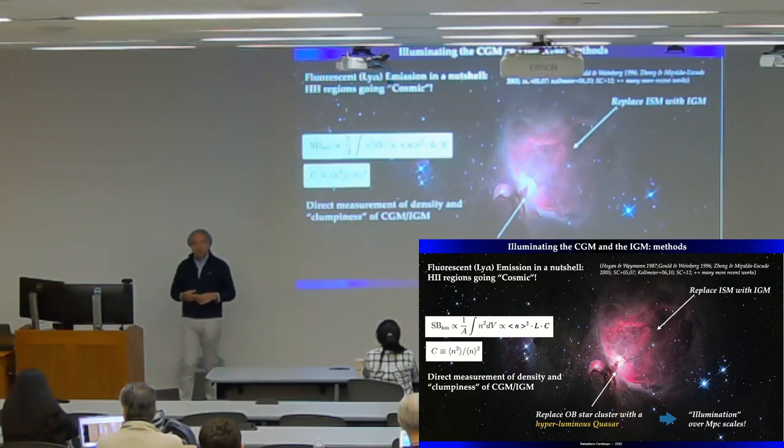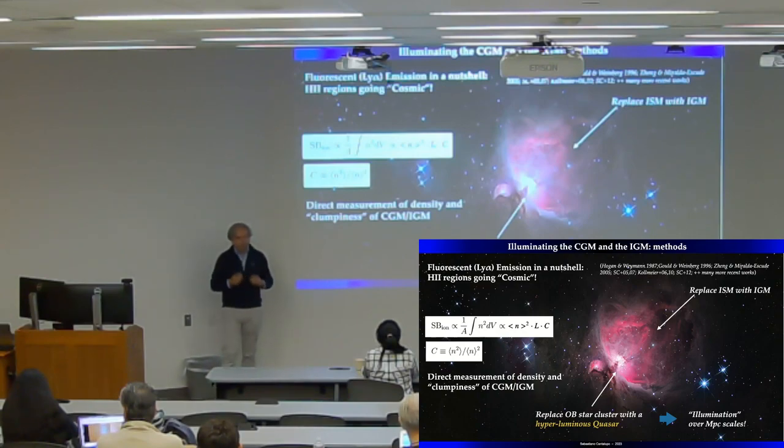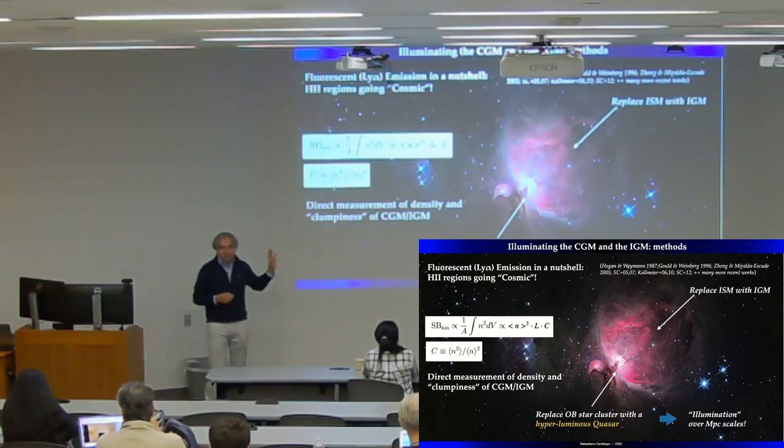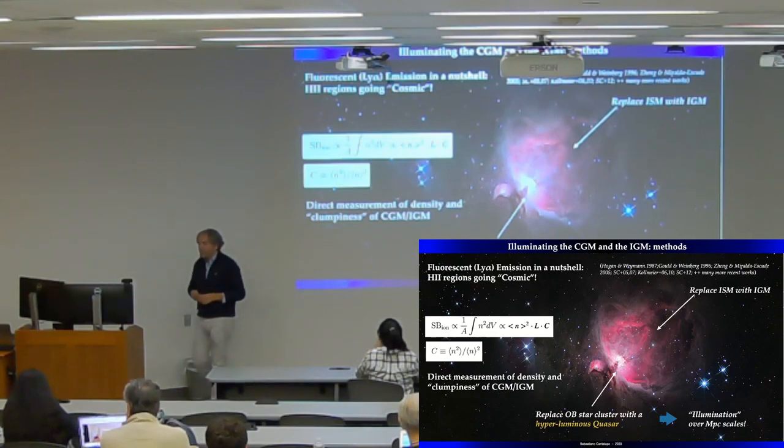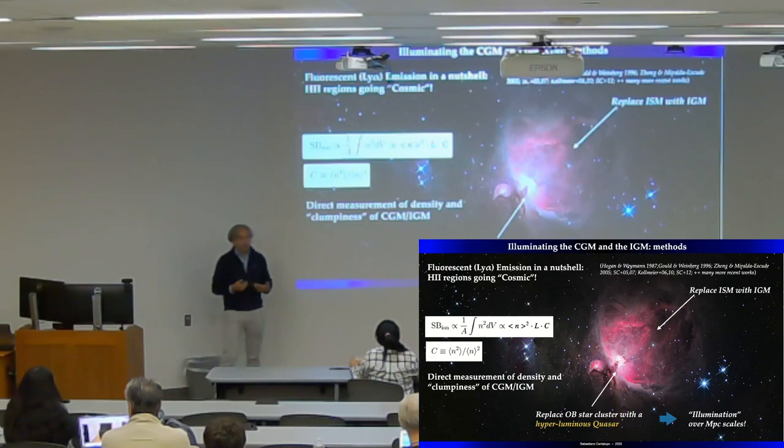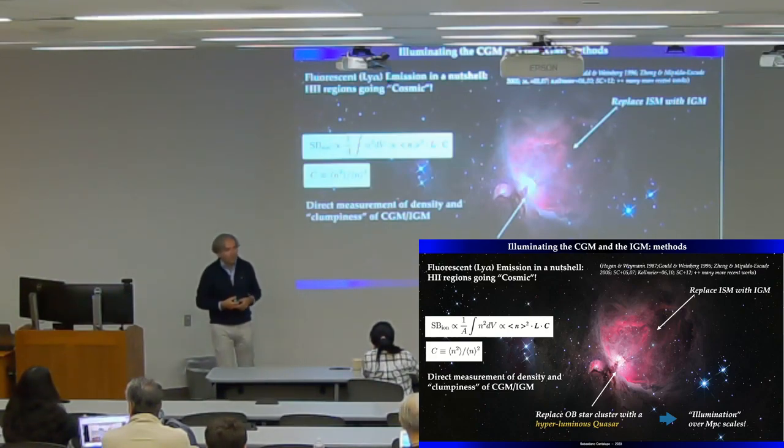The important thing about this is that it will give you the morphology and all the structure of the IGM, but especially it will give you a way to gain information about the density of the intergalactic gas, because the surface brightness that you will detect is proportional to the density squared, and also depends on the clumpiness of the medium below the resolution scale.